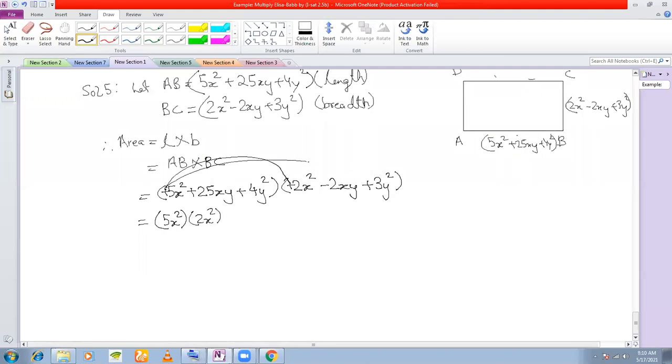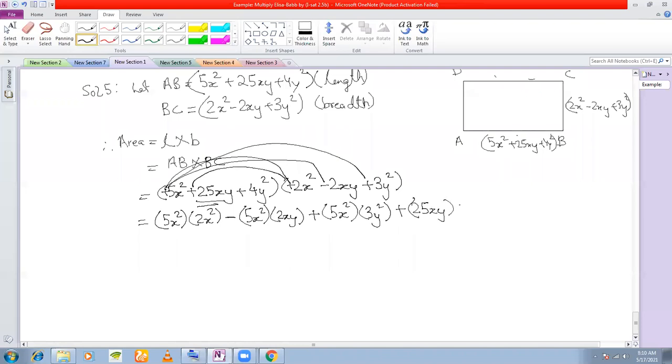Again, this plus sign will combine with this minus sign to give you a minus sign, 5x square into 2xy. Again, this plus sign will combine with this plus sign to give you a plus sign, 5x square into 3y square. Now we come to the next term, which is 25xy. So plus will combine with this plus to give you a plus sign, 25xy into 2x square.